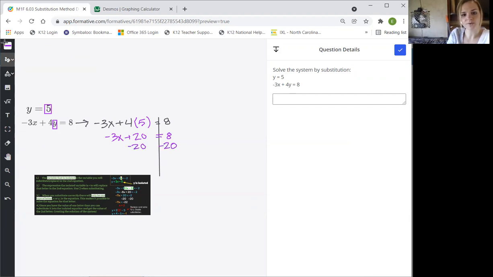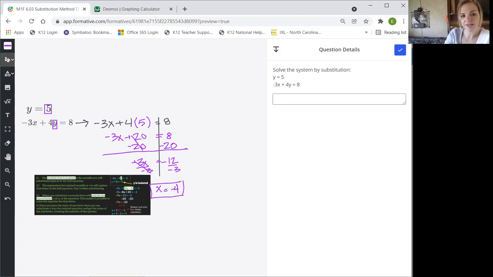Subtract 20 from both sides. That gives us negative 3x equals negative 12. Divide by negative 3. That gives us x equals negative 4. Okay, and lastly, we need to find the y value.